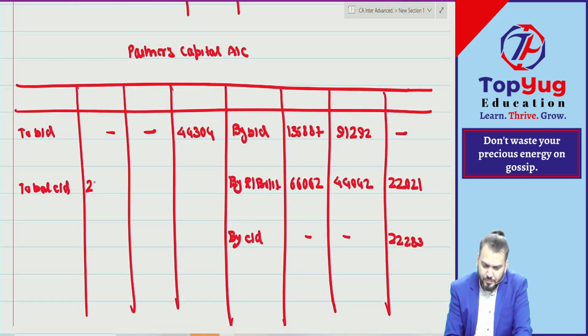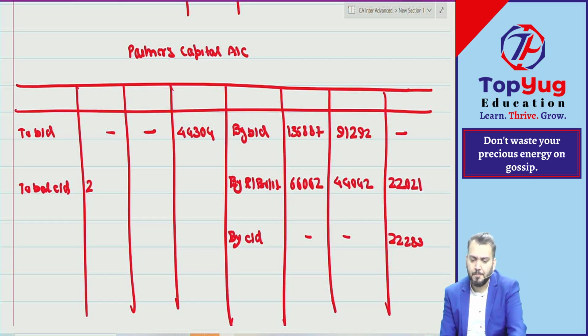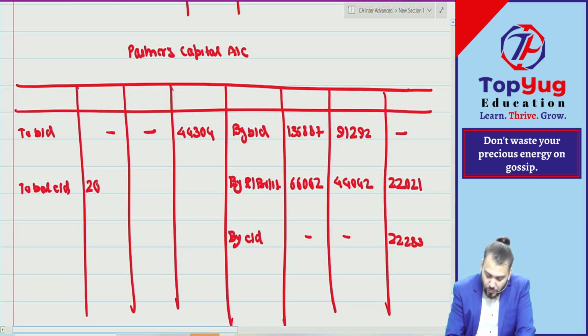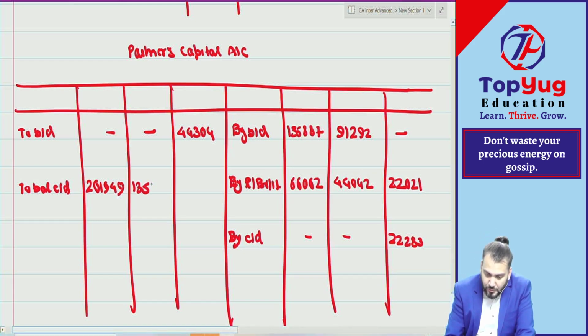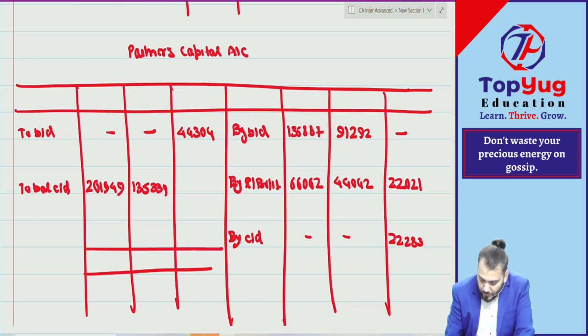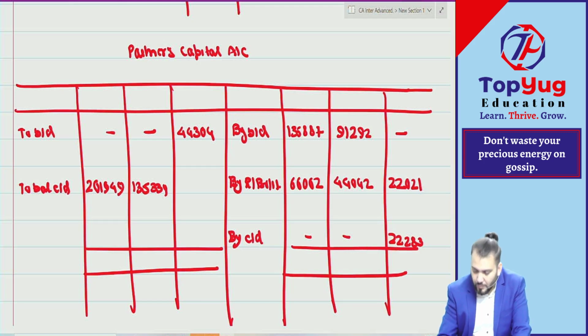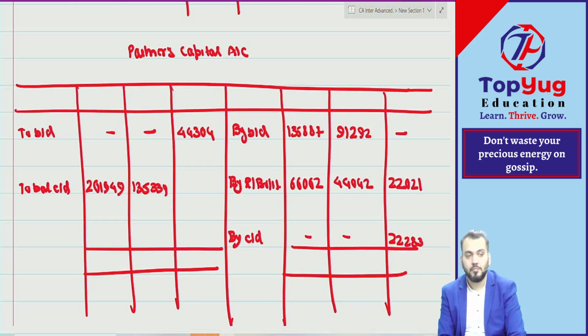2 lakh. So 2 lakh 1000, 949, and it is 1 lakh 35,334. Done. Go.